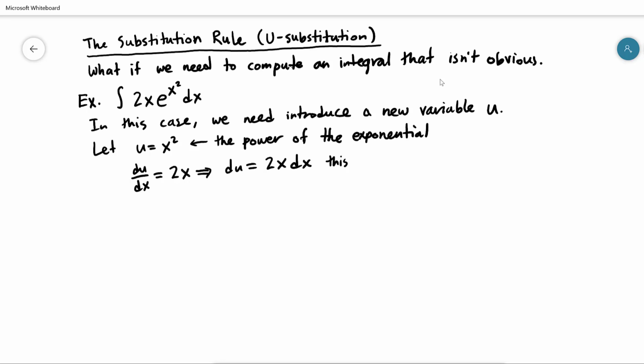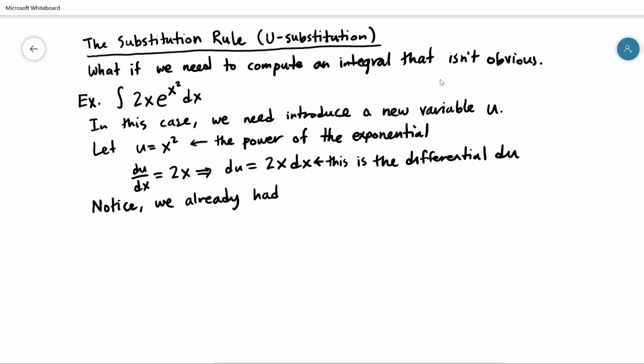So this is the differential du. And so notice we got lucky here. We already had a 2x and a dx showing up in the integral that we wanted.